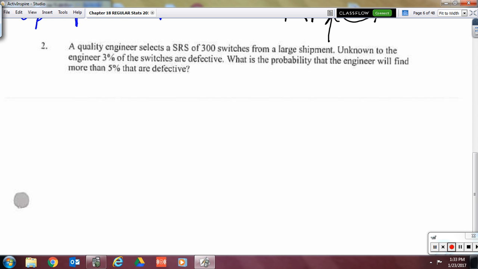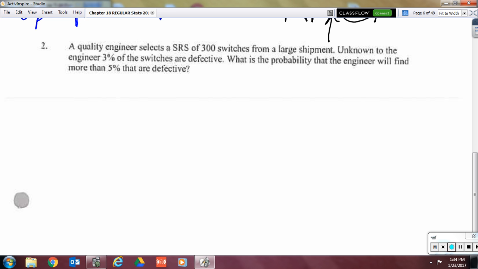Number 2: a quality engineer selects a simple random sample of 300 switches from a large shipment. Unknown to the engineer, 3% of the switches are defective. What is the probability that the engineer will find more than 5% that are defective?